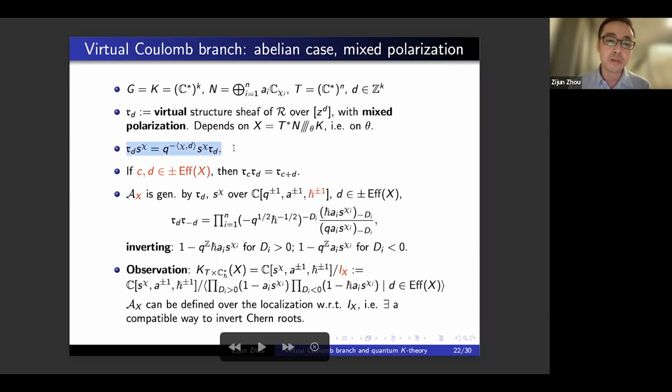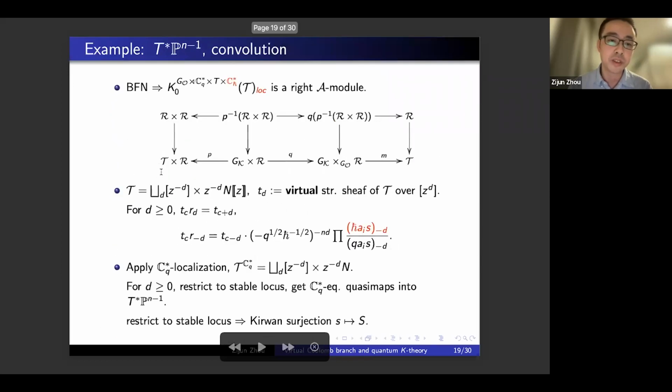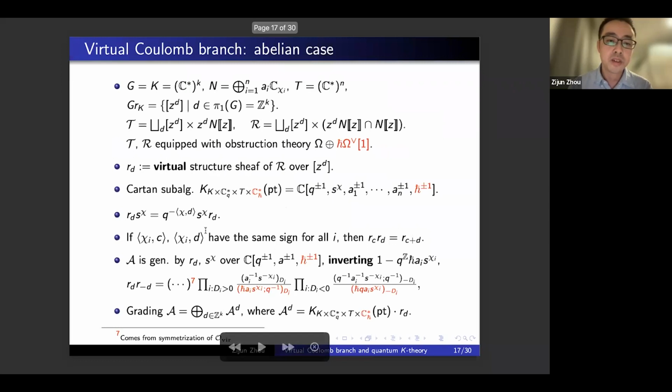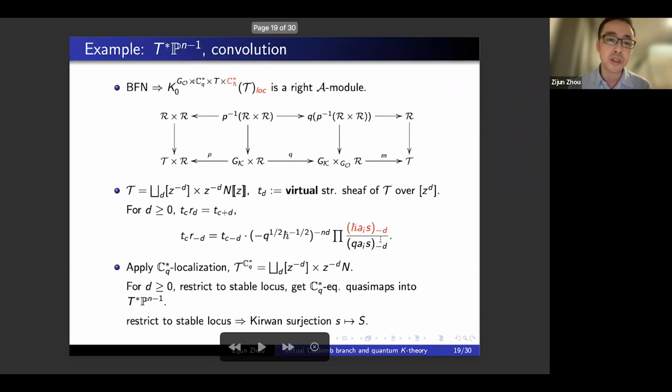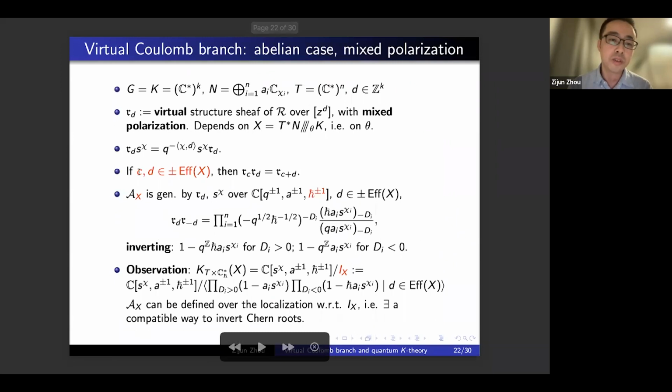This property is the same. However, previously only for those C and D which have the same sign for all the characters, we have this identity: R sub C and R sub D commute. But now, for all C and D in the effective cone of X, or in the negative effective cone of X, we have this identity.